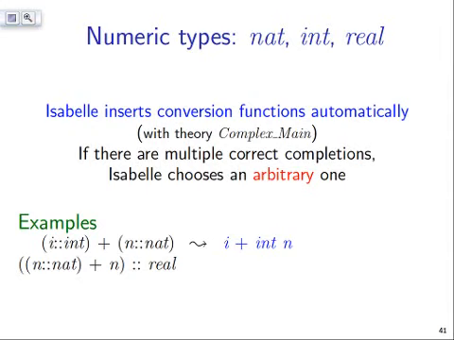If, on the other hand, you write n plus n, where n is a natural number, and you explicitly say, here I want a real, the whole thing should be a real value, then there are two possibilities. You could either add the two natural numbers and convert the result into a real, or you could convert each natural number into a real and then add them.